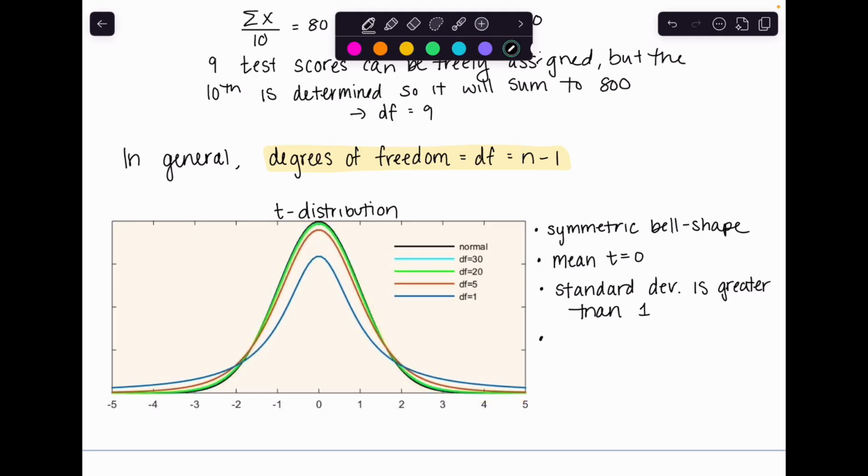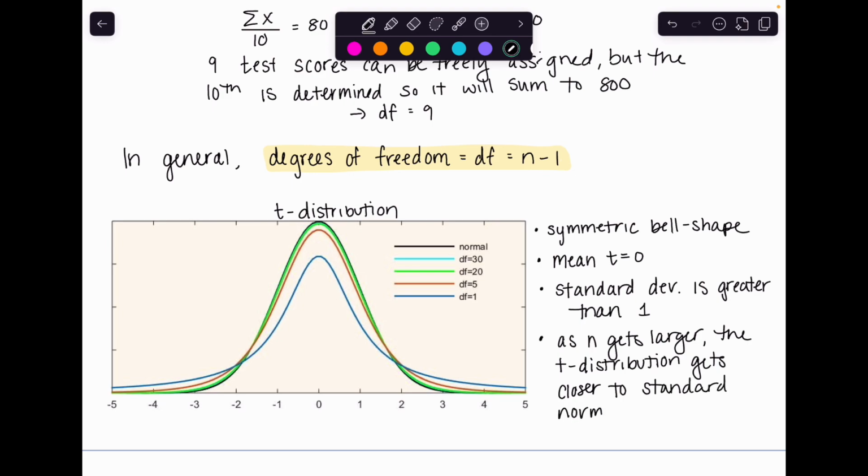So ultimately, as n gets larger, so as your sample size gets bigger and bigger, the t-distribution gets closer to the normal distribution. And even our standard normal distribution. Okay.